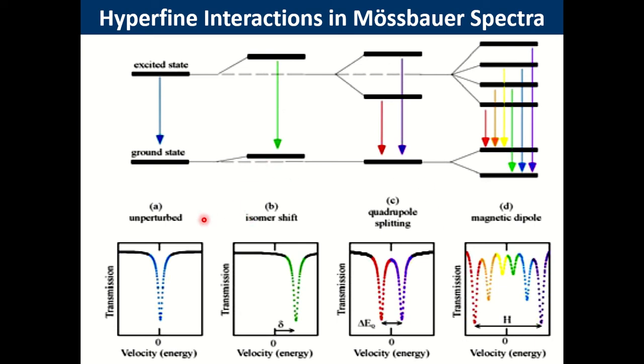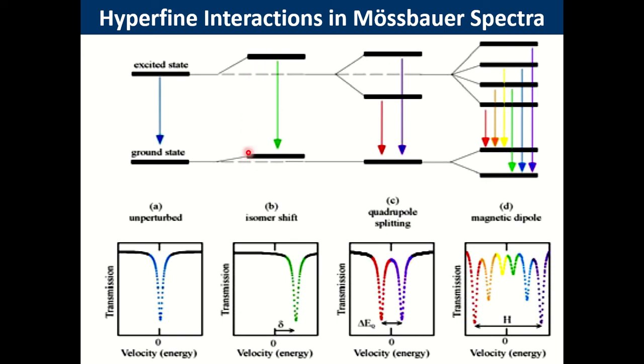So this was the first example, in which both the absorbing species and the gamma ray source are identical. Then you can have a situation where there is a slight change in the energy level, as shown over here.